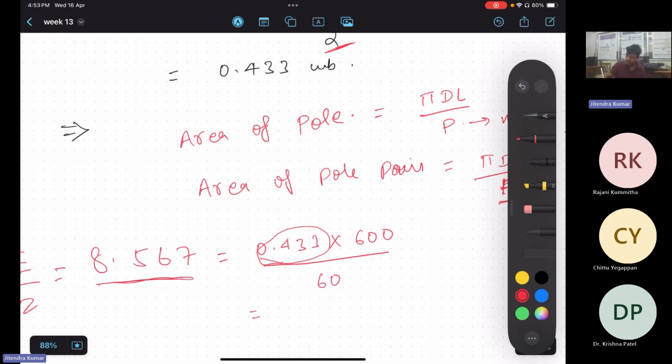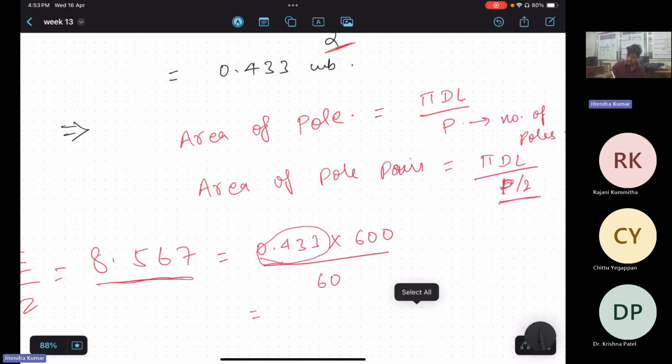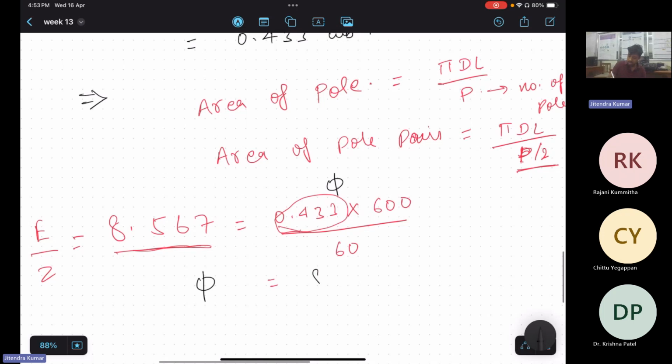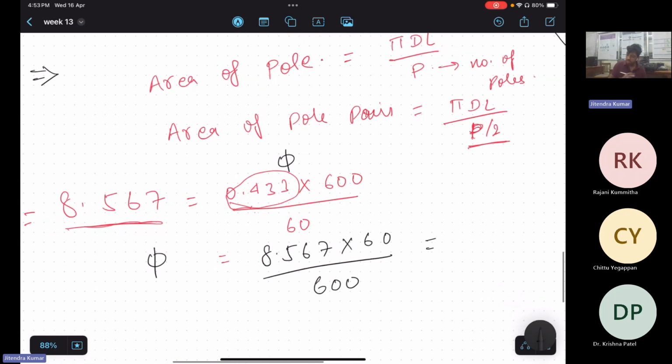If we had flux directly here, then flux would be 8.567 into 60 divided by 600, so it will be 0.85. You got how this answer is coming wrong? Because this information is already provided, we did not need to calculate the flux linkage manually.